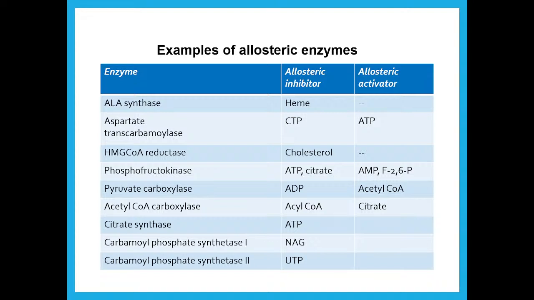So you should know the difference between CPS1 and CPS2: which pathway each acts in, and what the positive and negative modulators are. The positive modulator of CPS1 is N-acetyl glutamate, and the inhibitor of CPS2 is UTP or uridine triphosphate.